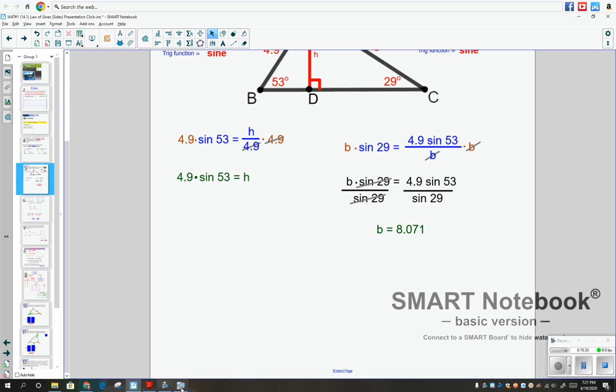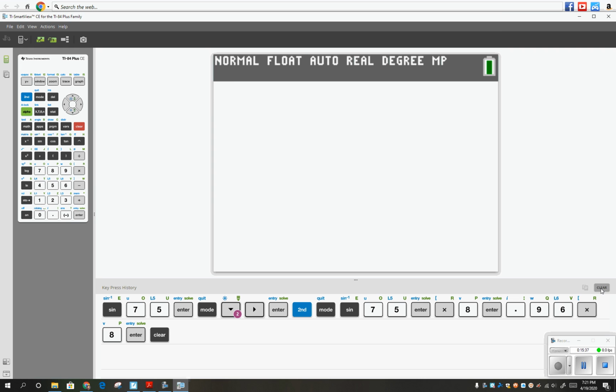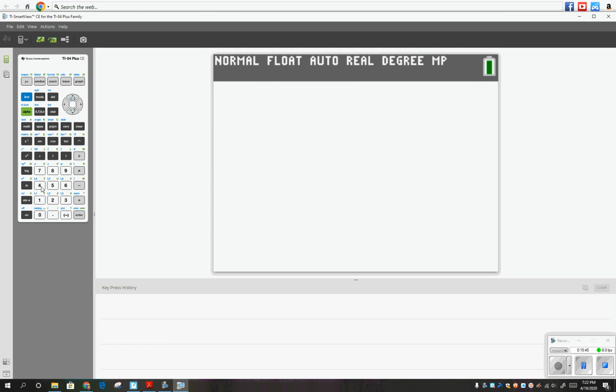How do we get that? Well, let's take a look at my calculator. I have 4.9 times sine of 53. One of the keys here is you have to make sure you close the parentheses, okay? So if I'm typing in sine of 53, I have to close the parentheses.